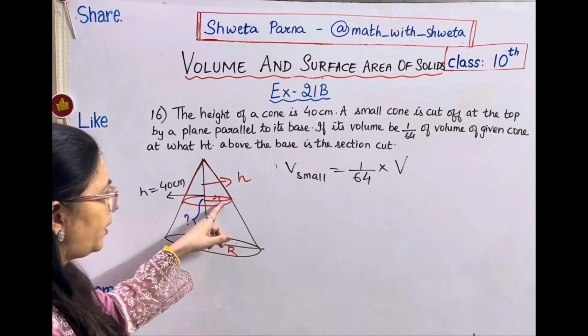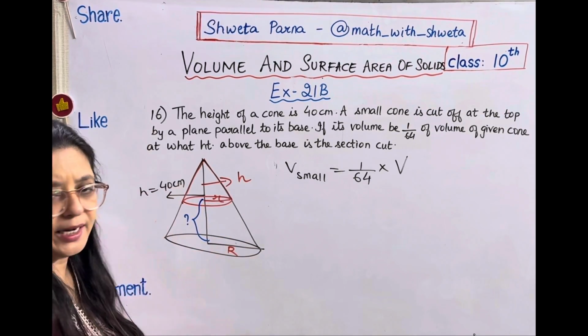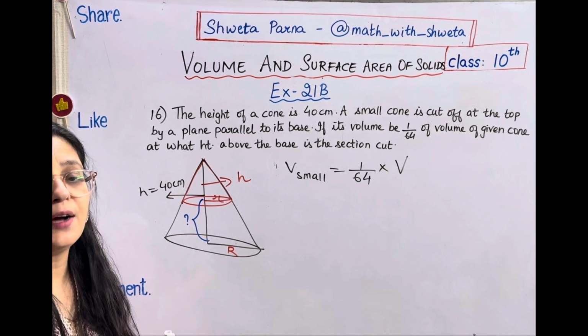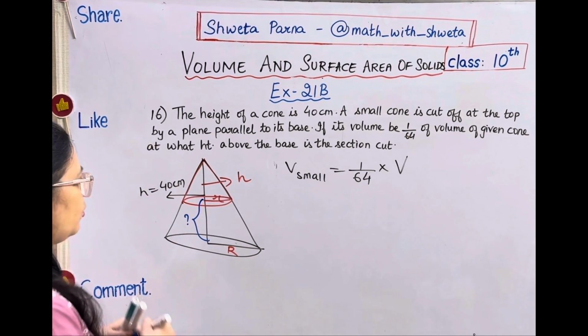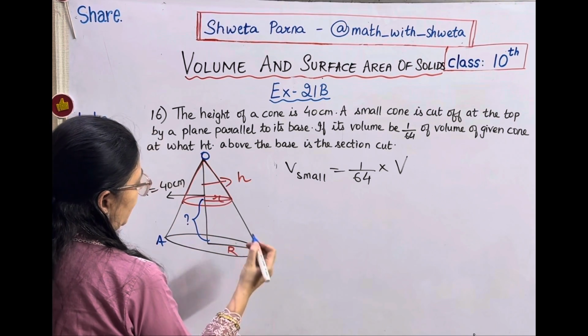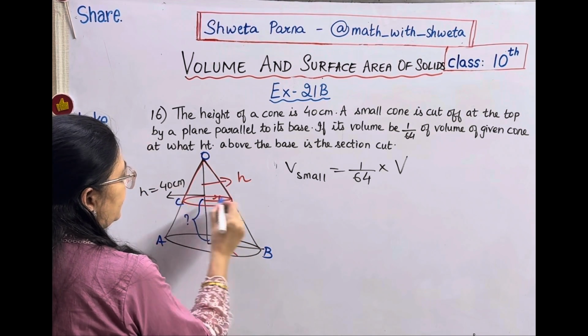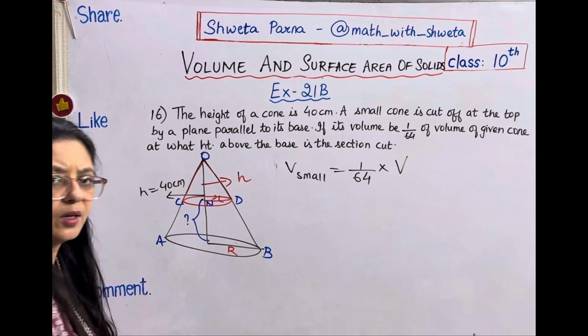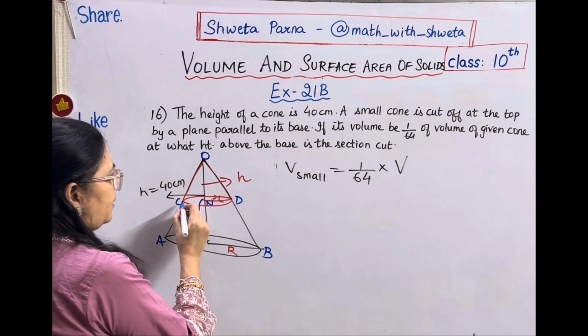Since we don't know the radius, we don't know the height, we cannot use the formula to find this. So here we will have to use similarity of triangles also. So let this be O, A, B. This be C, D and N. First we will prove that, say this is a line.